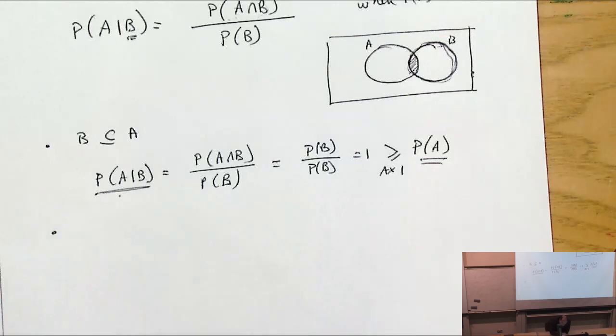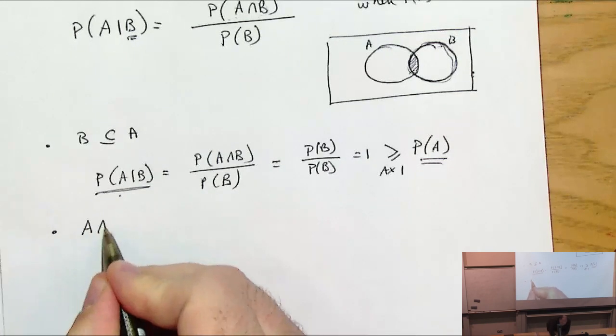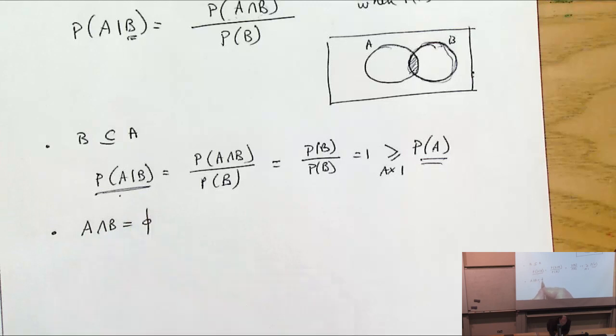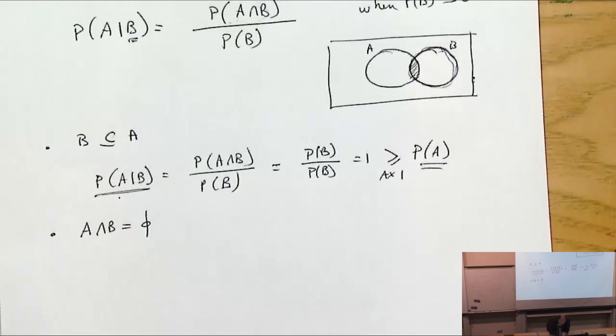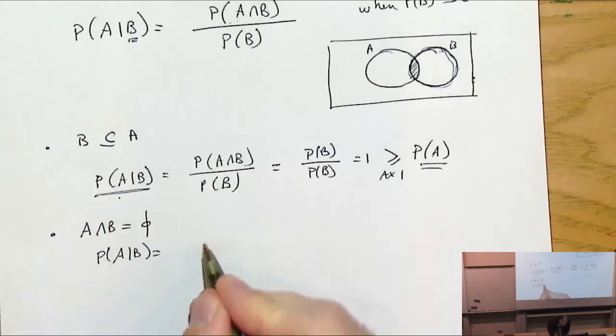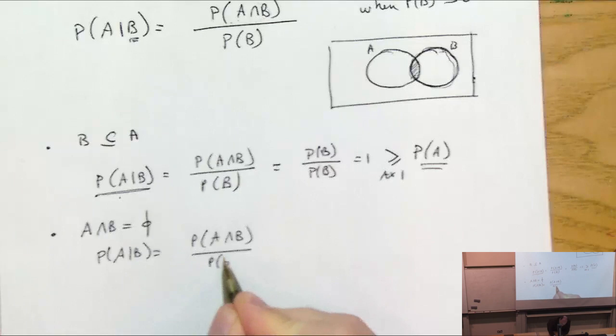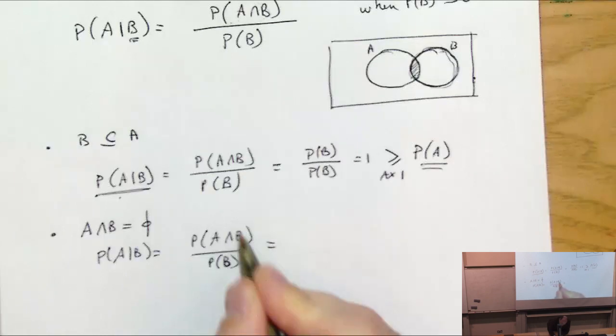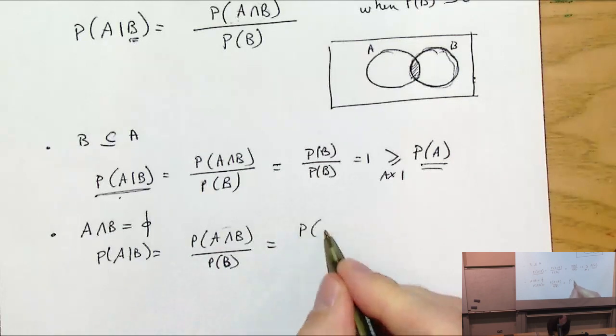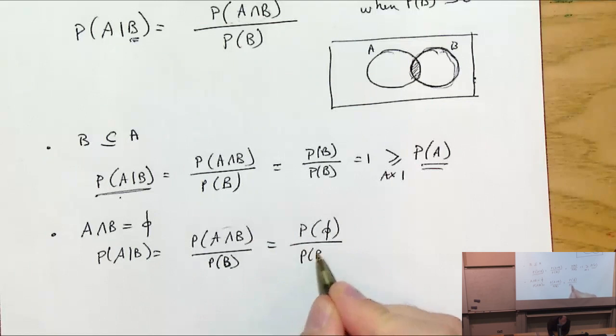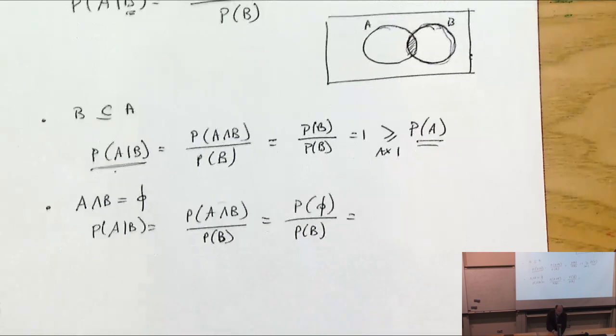Another extreme example is that if you take A and B to be the empty sets, so it's the null event, right? So if you do the same, what do you get? What is the probability of this? This is the probability of the null event. What is the probability of the null event?